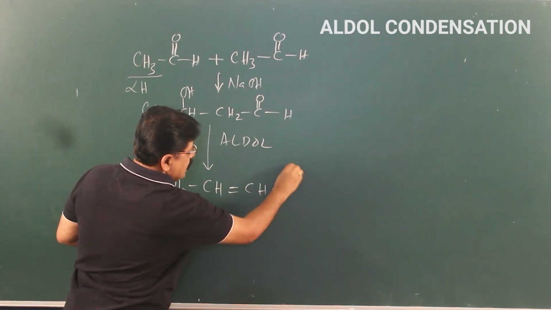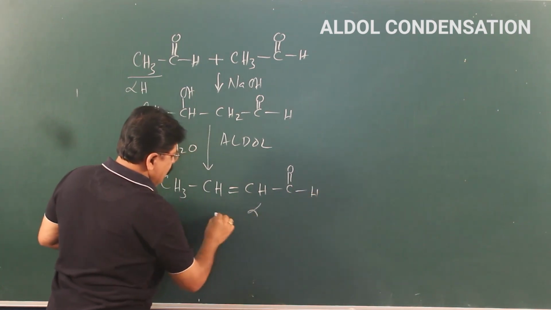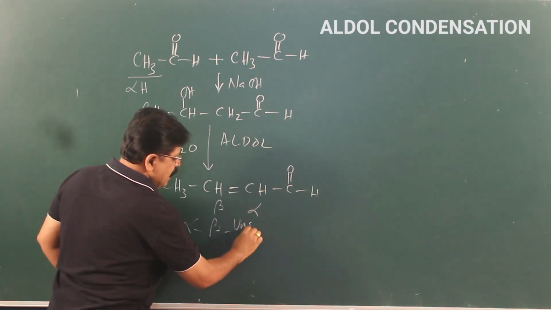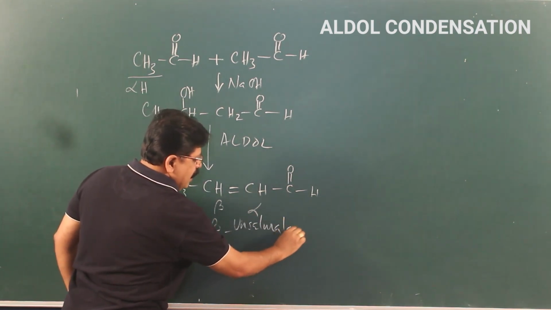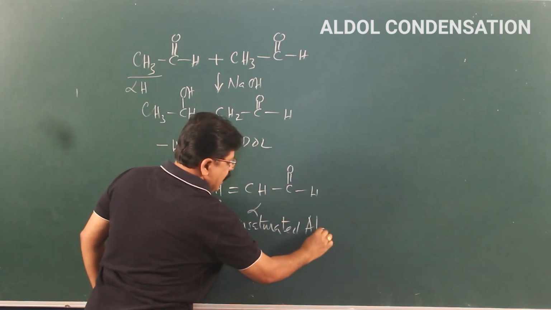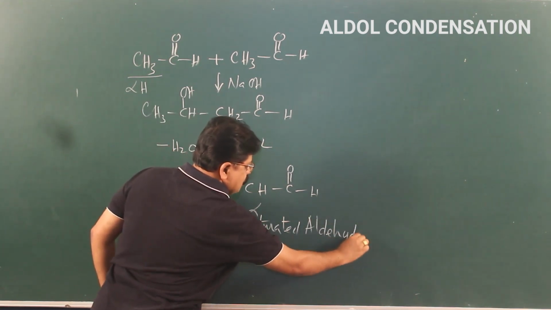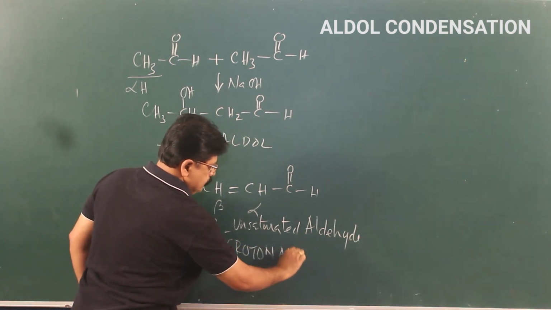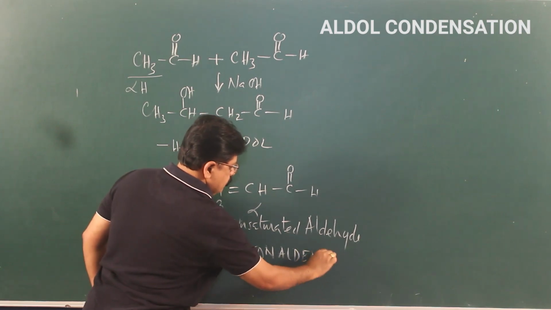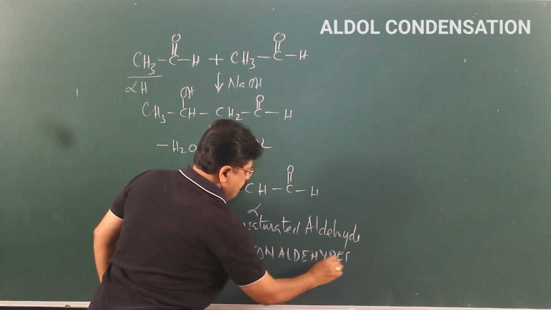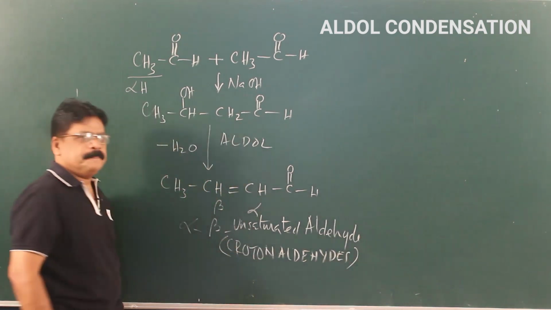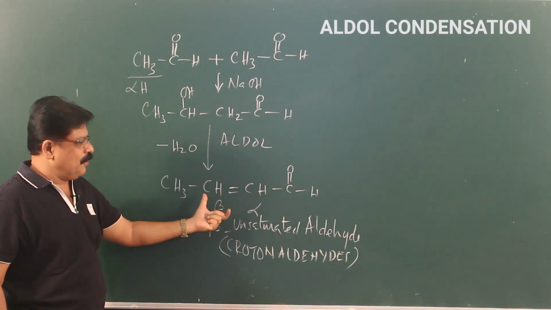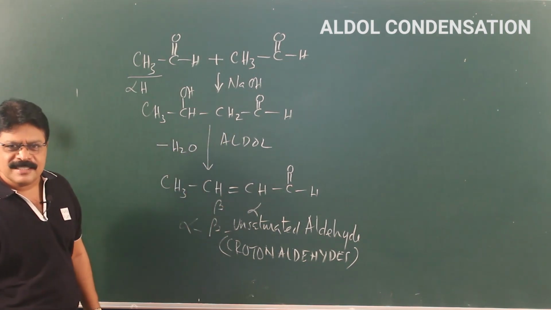This product is an alpha beta unsaturated aldehyde, and these alpha beta unsaturated aldehydes are also referred to as croton aldehydes. So, the first step is the aldol reaction, the final product is referred to as the aldol condensation reaction.